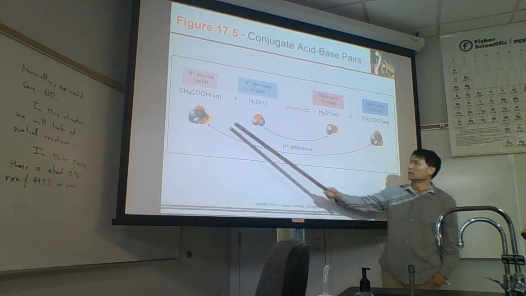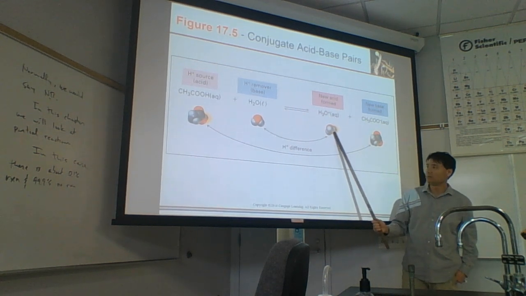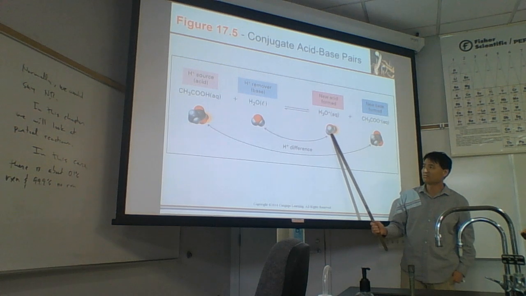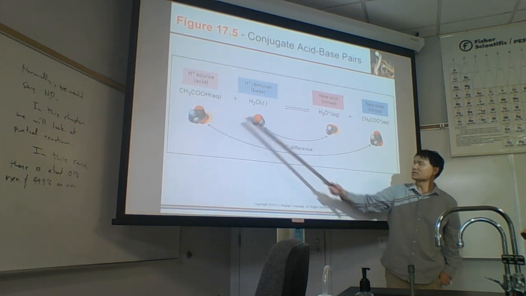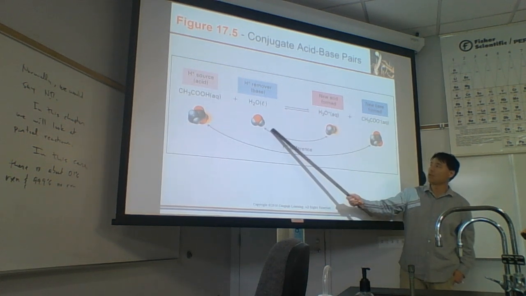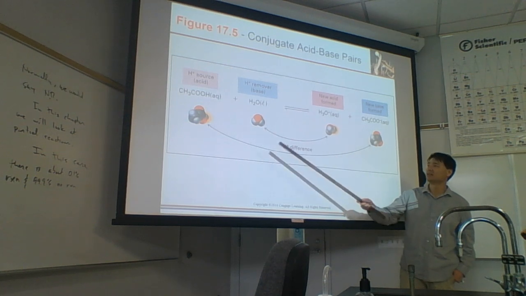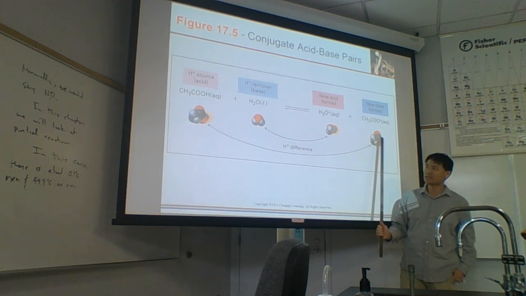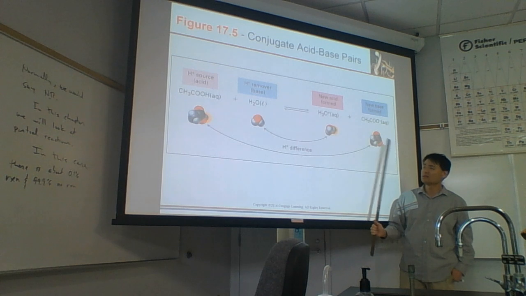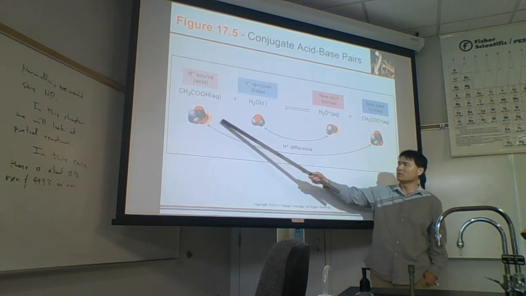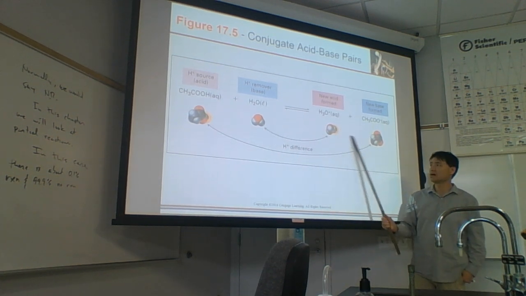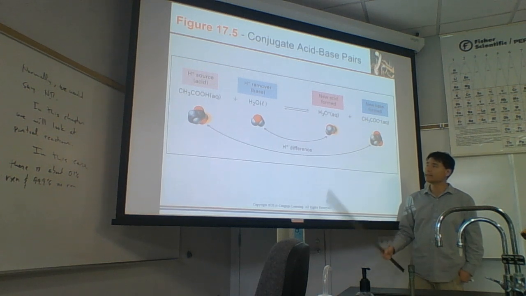Well, we compare acetic acid versus hydronium. Hydronium is stronger. So we're going from weaker acid to stronger acid. And then we compare water versus acetate. Water is a weaker base, acetate's a stronger base. And so there's no driving force because we're going from weaker to stronger acids and bases.